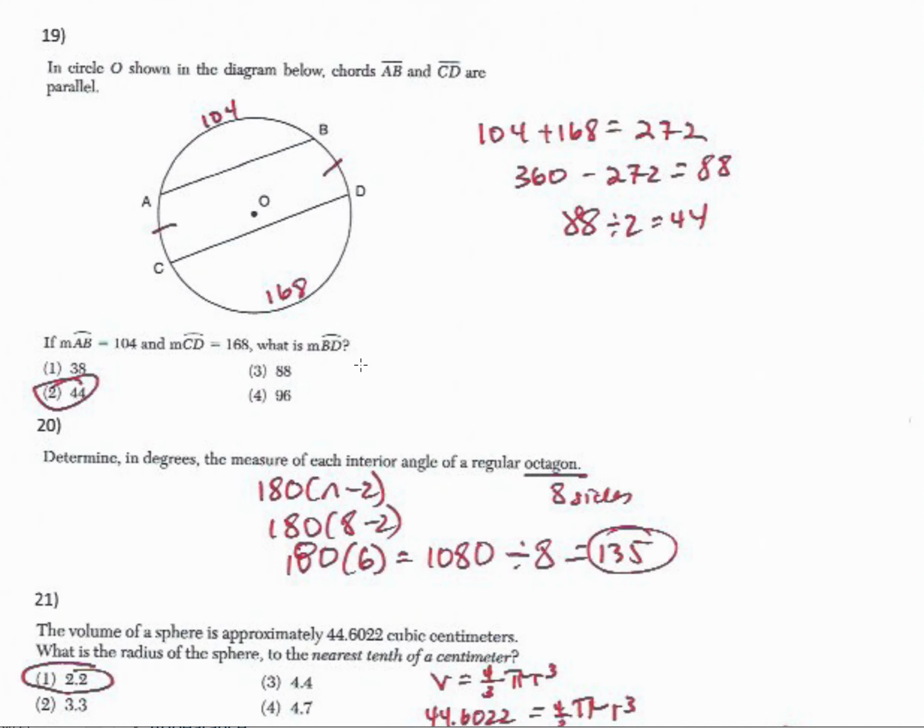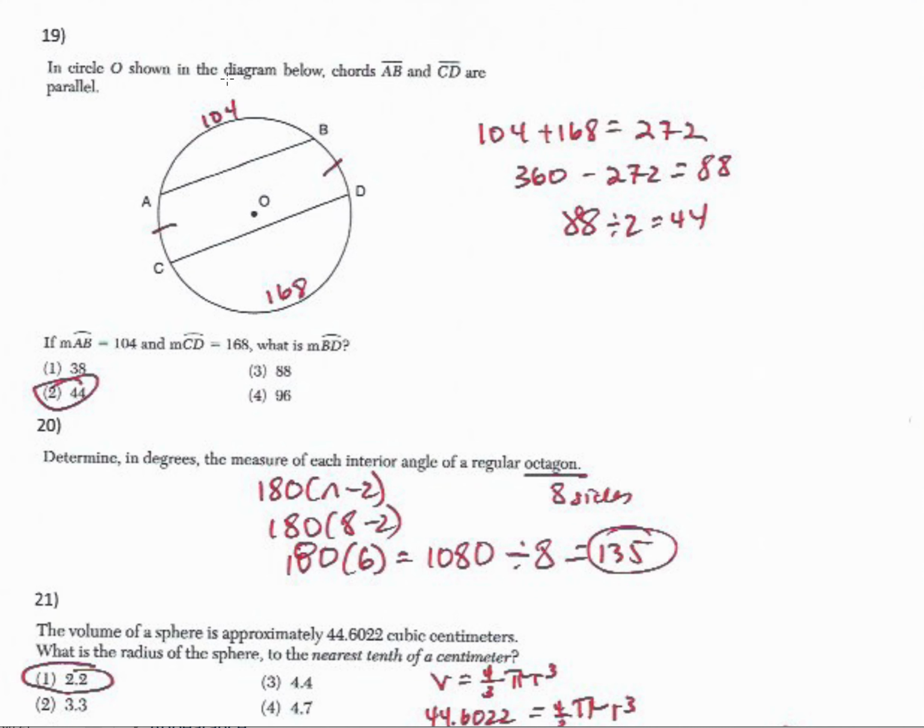Number 19, again, we're told the lines are parallel, which as soon as we're told that, that means that AC is congruent to BD. It tells us that the arc up top, arc AB, is 104, and arc CD at the bottom is 168. So if I add up 104 and 168, I come up with 272. If I then subtract that from 360, I come up with 88.